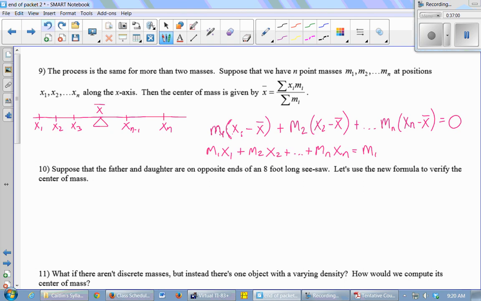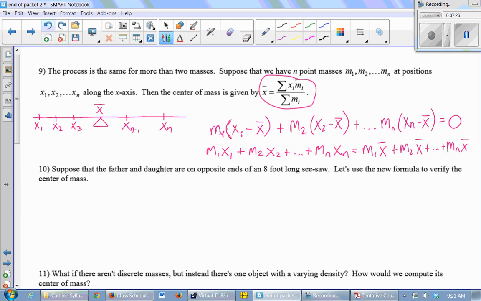So I'm going to have m1 x bar, factor out the x bar, divide both sides by the sum of m1 to mn, and that's what this denominator is. So that is my formula for finding the center of mass when you have more than 2 point masses.